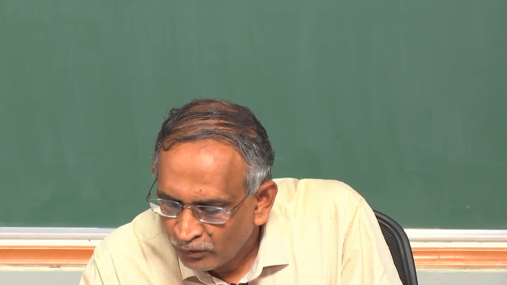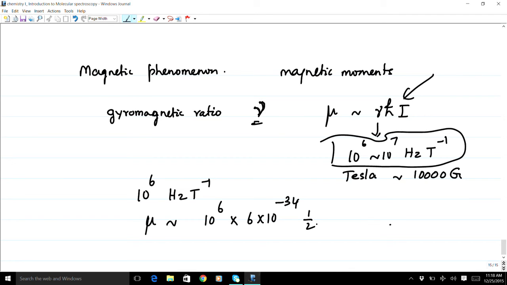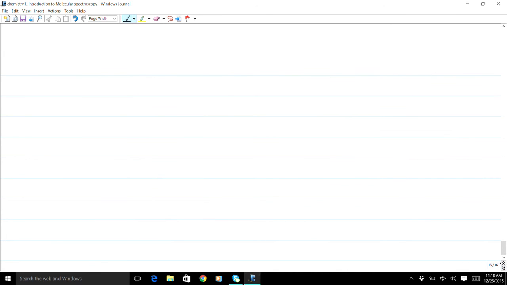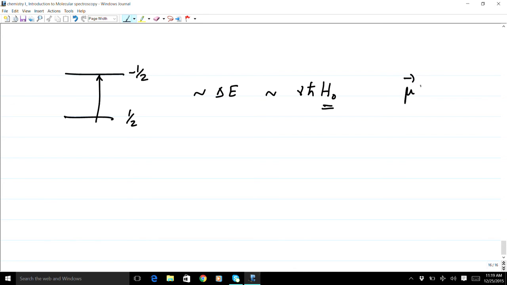So even if we assume 1 half as the spin quantum number associated with the nucleus, you are looking at energy ranges between energy levels which correspond to a half configuration and a minus half configuration. So you are looking at an energy delta E of the order of gamma h bar H naught, where H naught is the field, because the magnetic moment will interact with the field to have a certain energy, and that energy corresponds either to the half quantum number orientation of a proton nucleus or a minus half orientation of a proton nucleus.